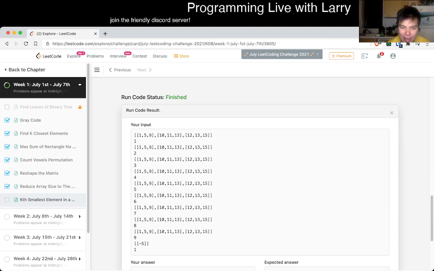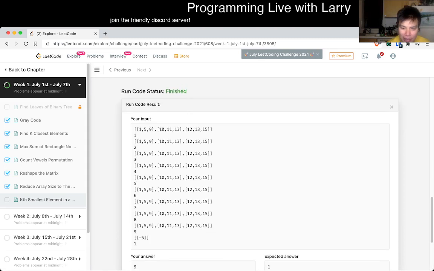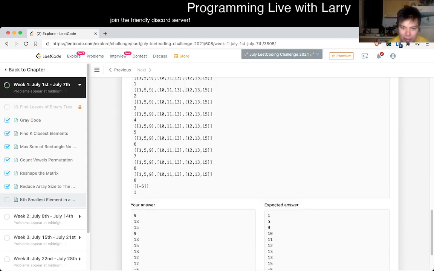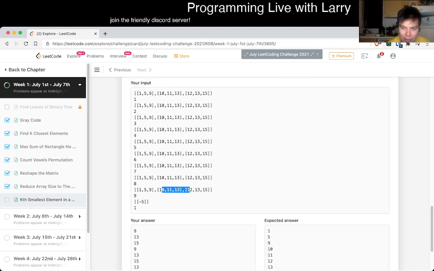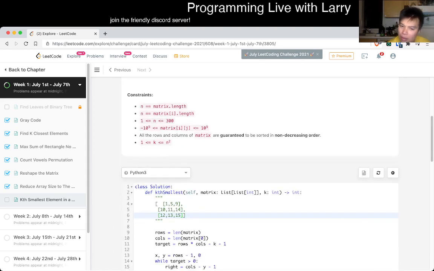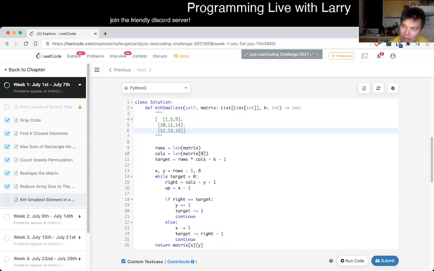So for 1, it gives us 9 because it goes bam bam, and then you have 3. If this is inside here, what does that mean? I think I counted backwards.